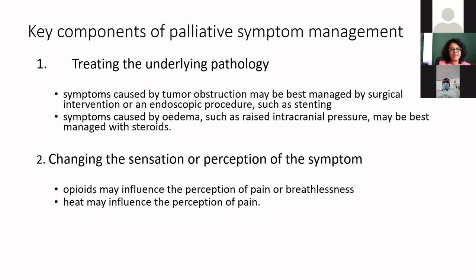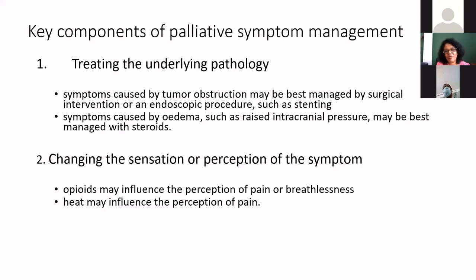The next thing is the change in sensation or perception of the symptoms. So why do we give opioids to patients who have breathlessness? Why do we give opioids in patients who have pain? We give opioids in patients who have pain because opioids have a direct action on pain management.